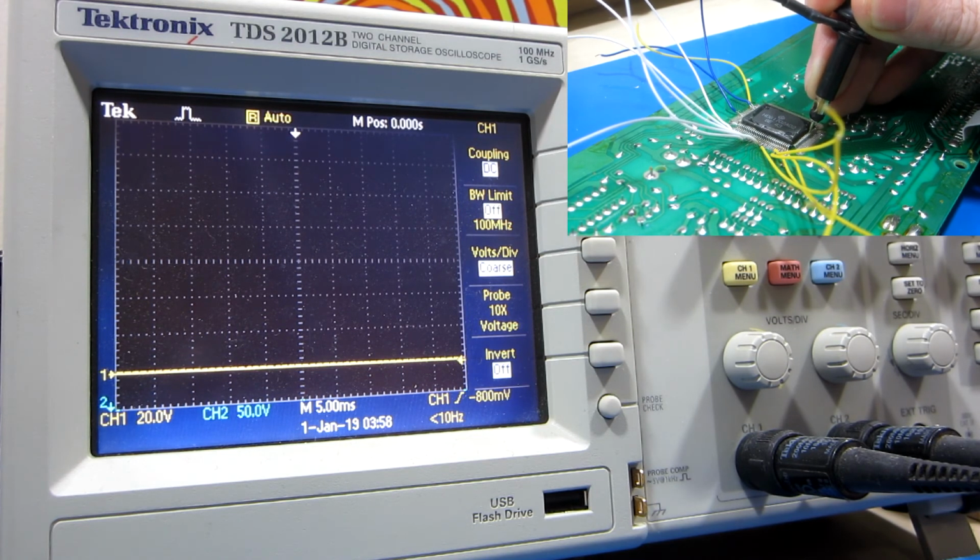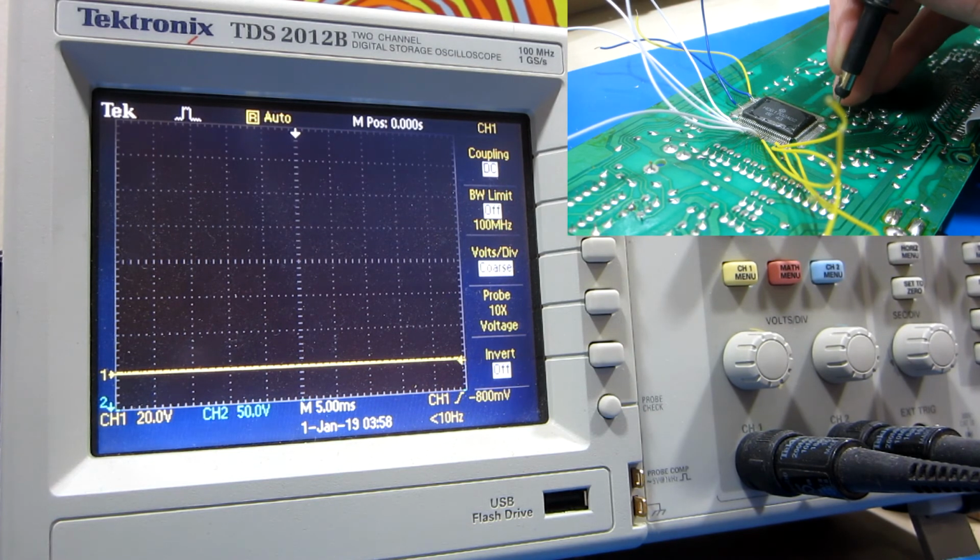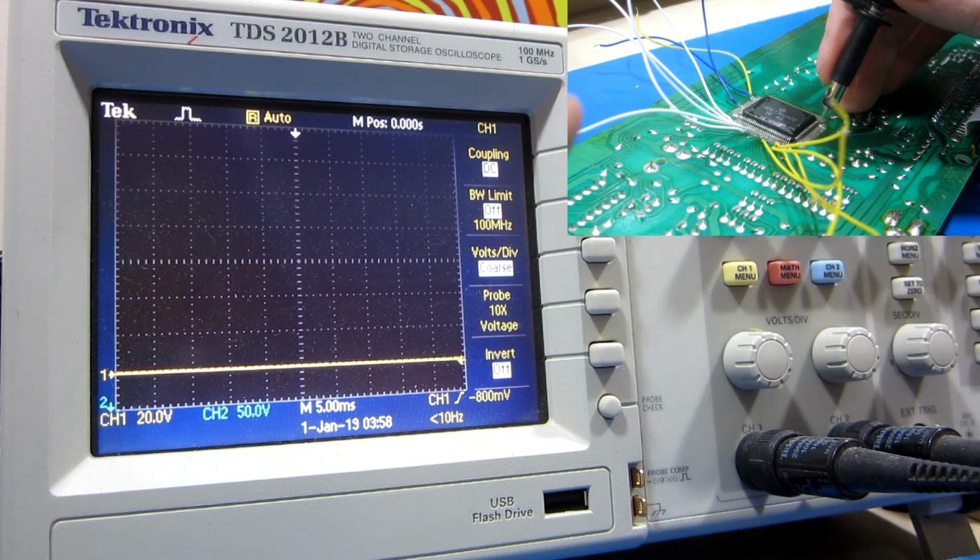And I believe it was also from probing this CPU chip with the oscilloscope while the keyboard was on that we were able to find which pins were associated to the audio output.